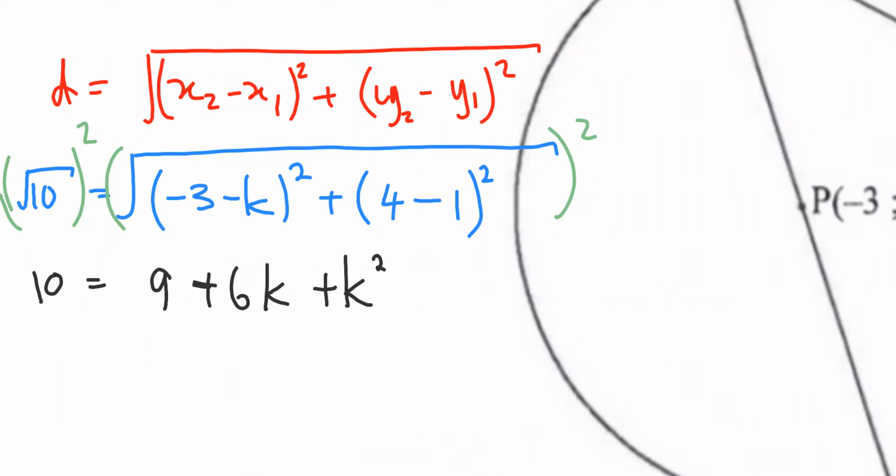That's 3, squared, which is 9. So plus 9. I'm going to take everything over to the right-hand side: k squared plus 6k. 9 plus 9 is 18, and if we minus the 10, then it's just 8. So it's plus 8.